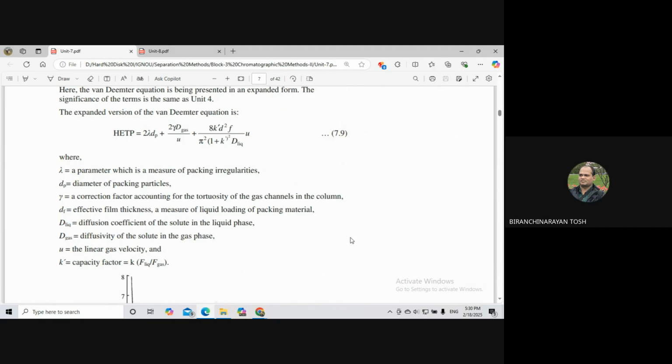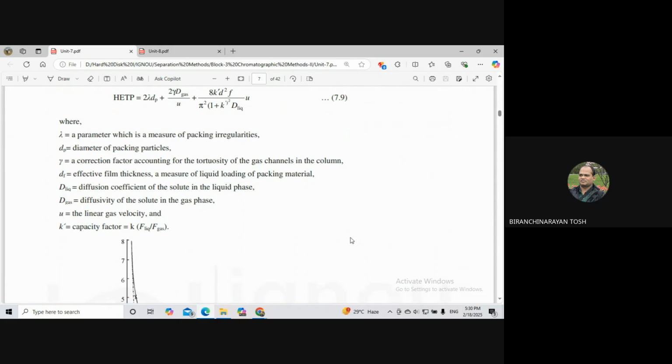D liquid is the diffusion coefficient of the solute in the liquid phase. D gas is the diffusivity of the solute in the gaseous phase. u is the linear gas velocity, and k prime is the capacity factor, where this is f of liquid to f of gas.